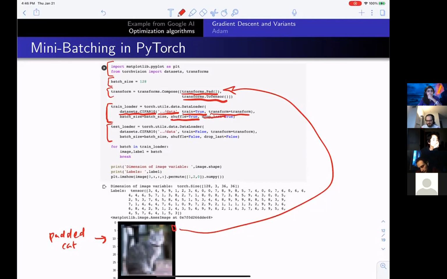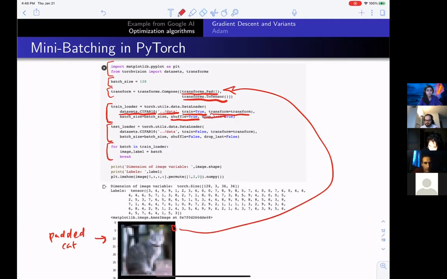Now, here I'm showing you how you can iterate over the dataset. So you can write for batch in train loader. The train loader is basically this thing that I showed you earlier. It's a collection, giving you each time a batch from the dataset. The batch is going to be a collection of images and their corresponding labels, okay?